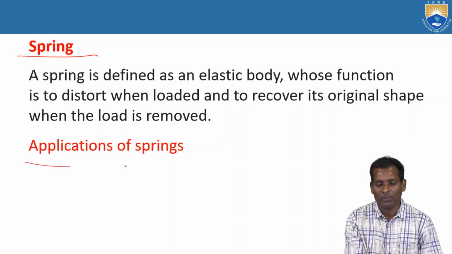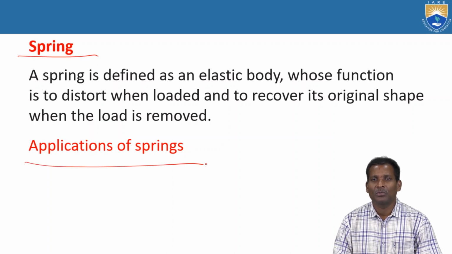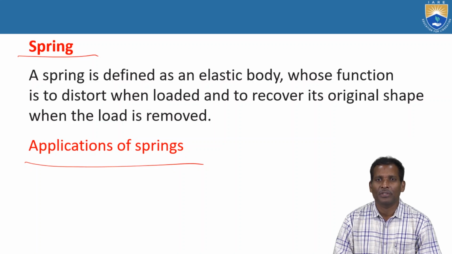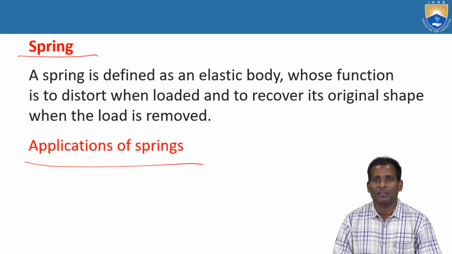What are the applications of a spring? It is used to store energy. Springs are used in automobile engines for valve opening and closing. Many applications are there. Springs are used in vibrating machines to reduce the amplitude of the vibrating body and to absorb the energy.